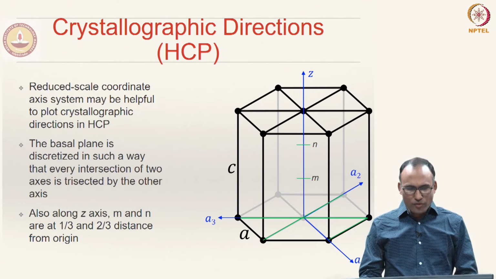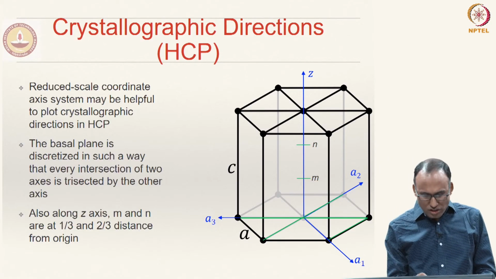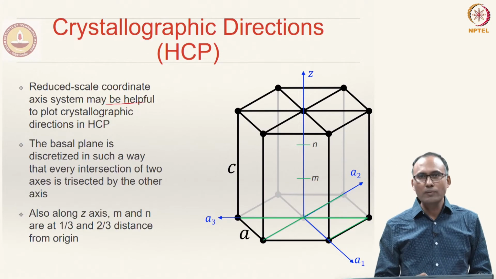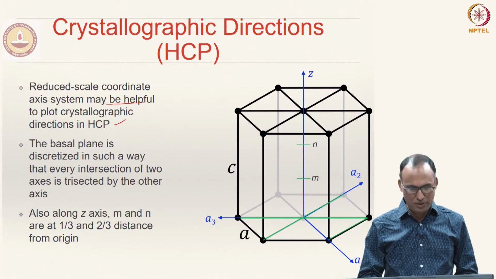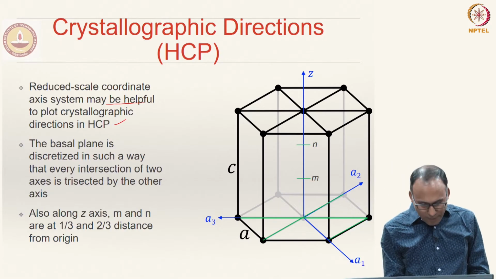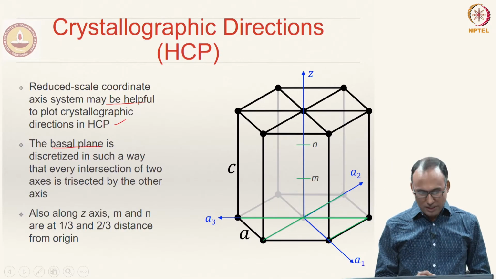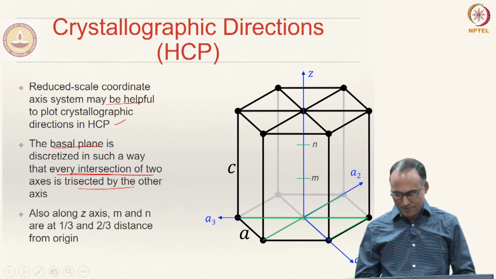So, how do we talk about this reduced coordinate system? The reduced scale coordinate system may be helpful, instead of using the full scale coordinate system, to plot the crystallographic directions in HCP. How do we go about doing that? You discretize the basal plane in such a way that every intersection of 2 axes is trisected by the other axis.